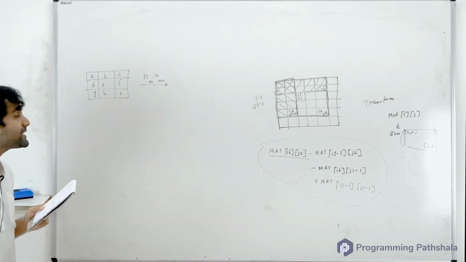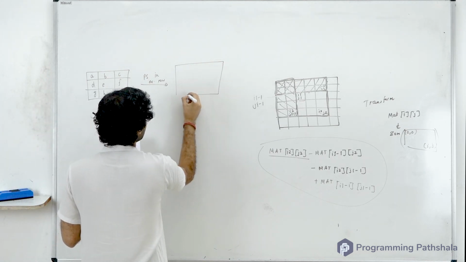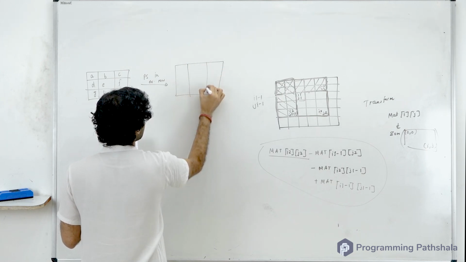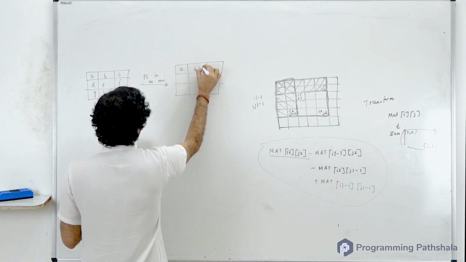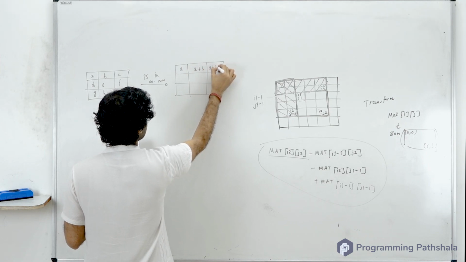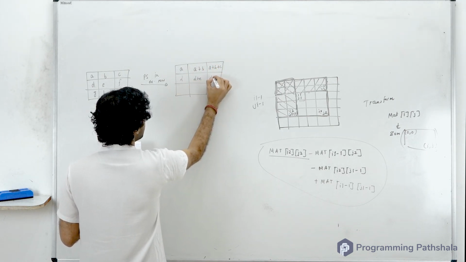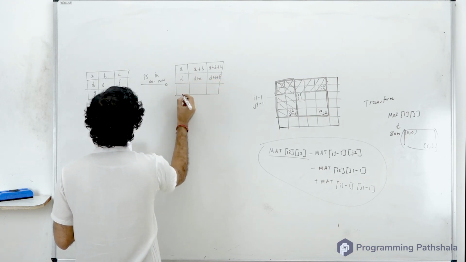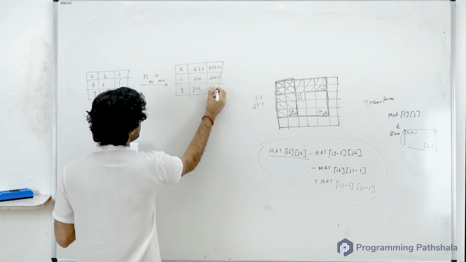When I do prefix sum in every row, this will get translated to something like this. It will be A, A plus B, A plus B plus C, D, D plus E, D plus E plus F, G, G plus H, G plus H plus I.